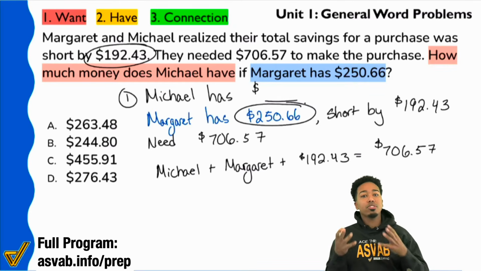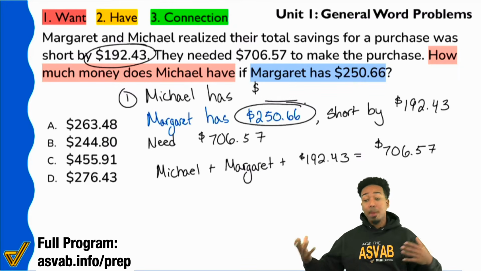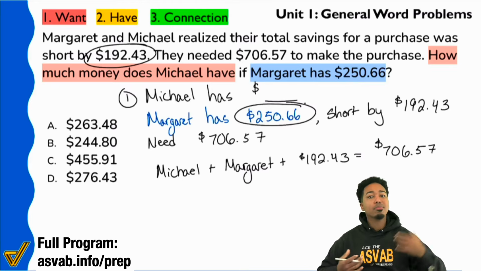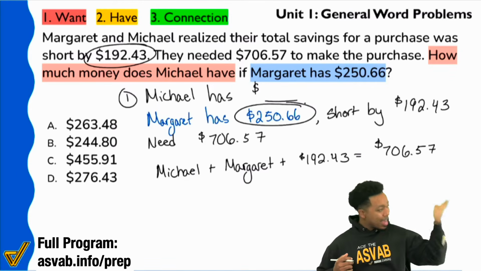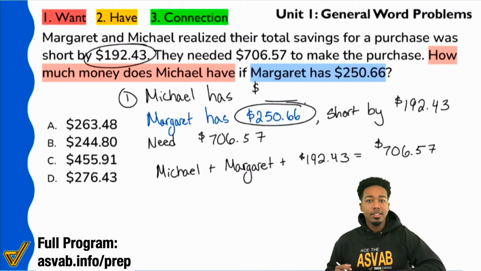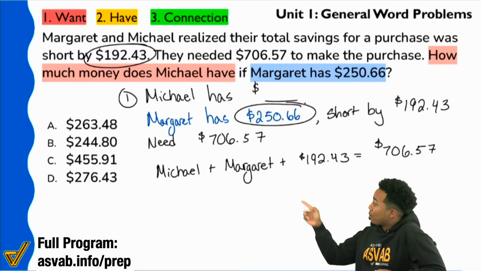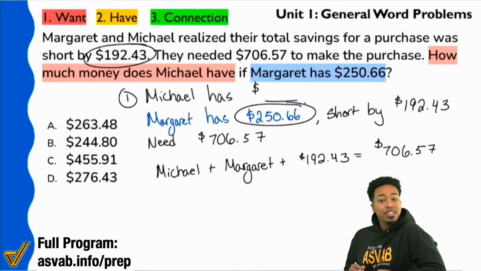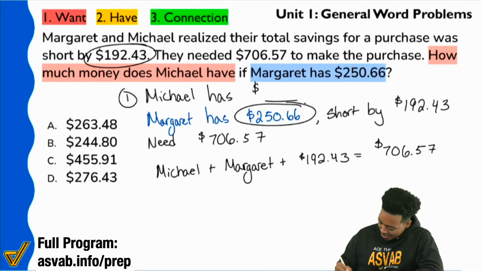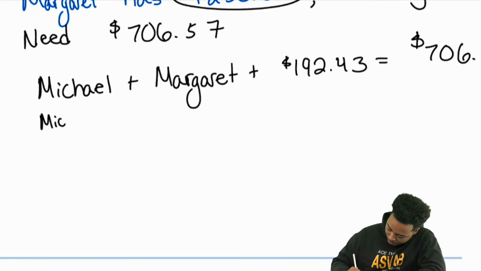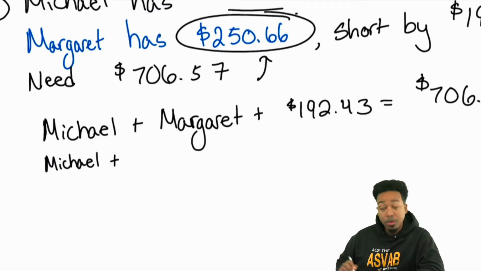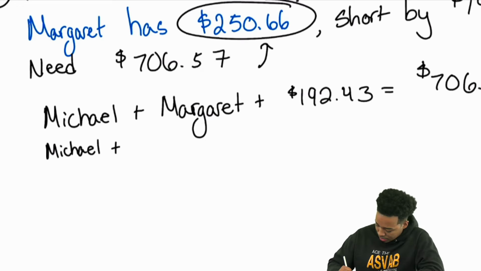So all of those different things together, because remember, Michael and Margaret together, they were still short by that $192. So they need that much more to be able to make that purchase. That's right there. So we're going to fill in the numbers that we have. We just have one more to fill in for Margaret, and we can just solve this and we're set to go. So here, we'll go ahead and write it again. Let me just zoom in here and we'll say again, Michael plus Margaret. What does Margaret have? Right there, $250.66.